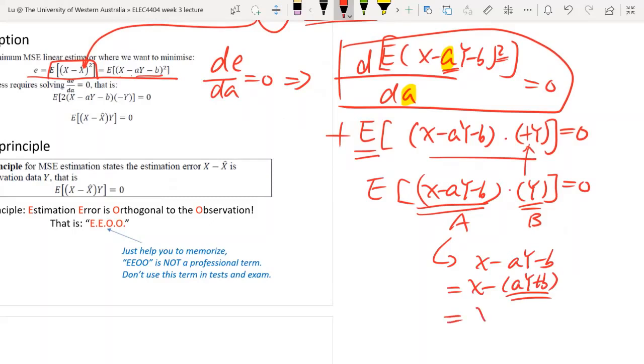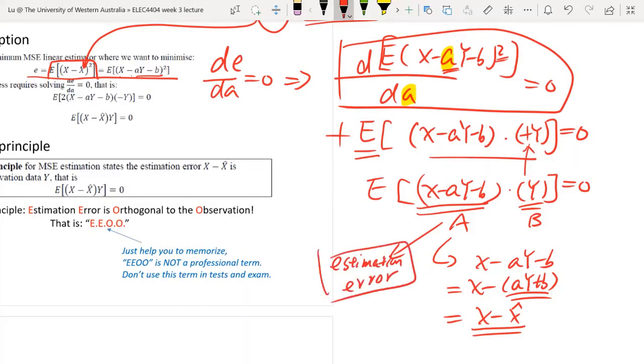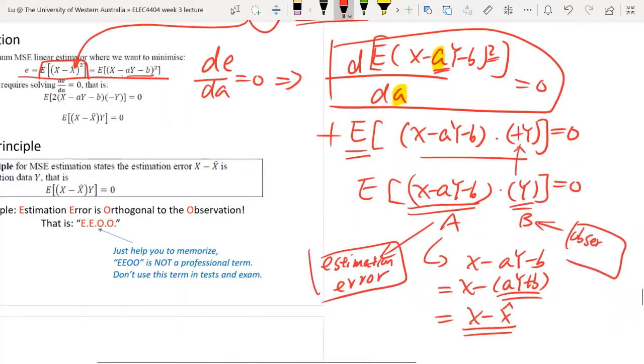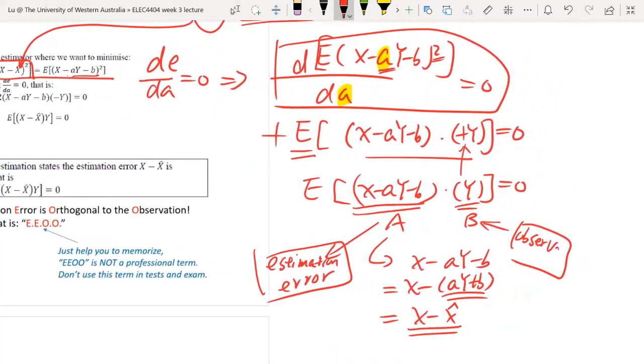So in other words, this is x minus x hat. This is our estimation error. So in other words, we can say A is the estimation error here. The B is our observation.